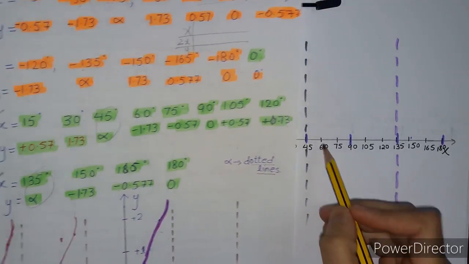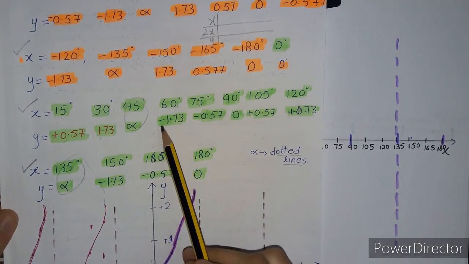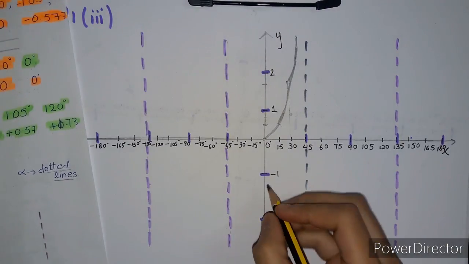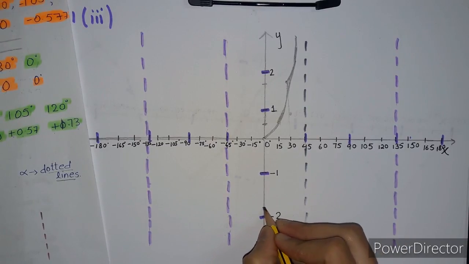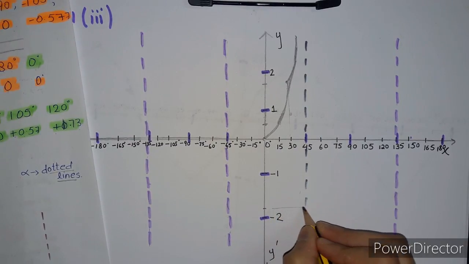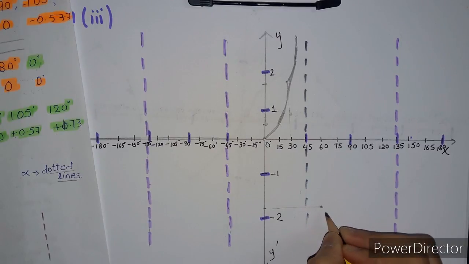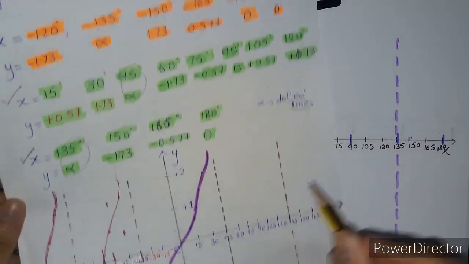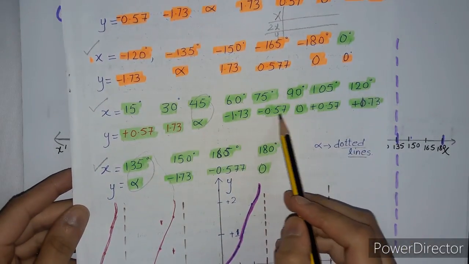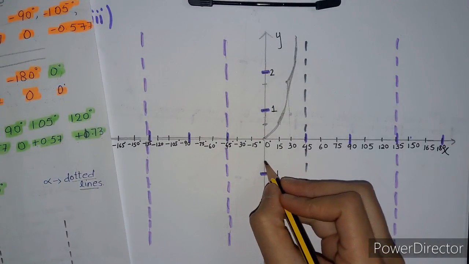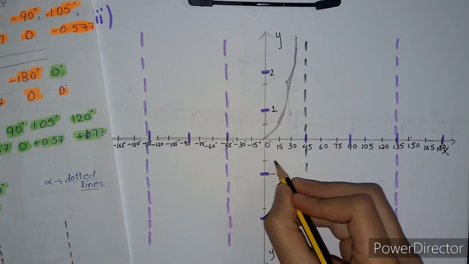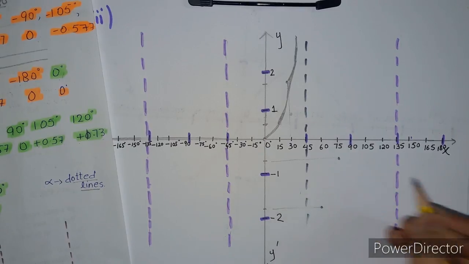Then we have 60 degrees. 60 is negative, minus 1.73, this point. Then 75 is minus 0.5, somewhere here, so it will be like this point.